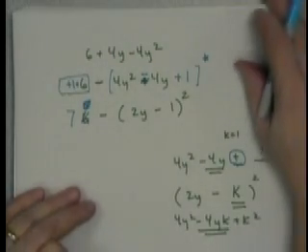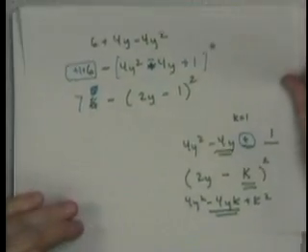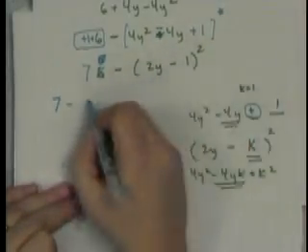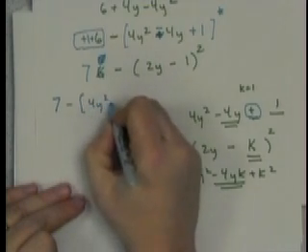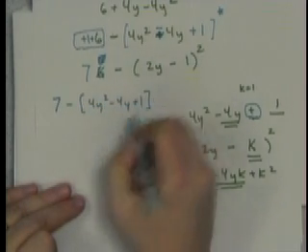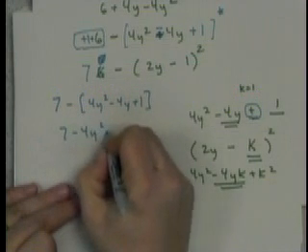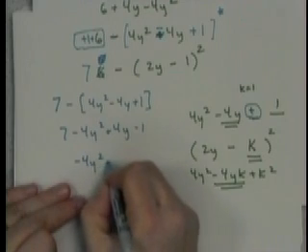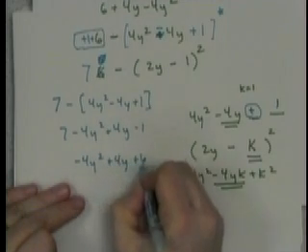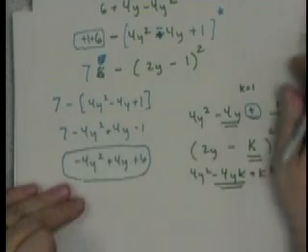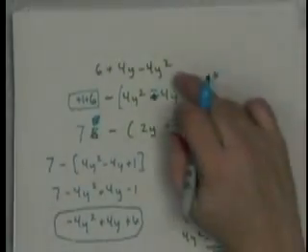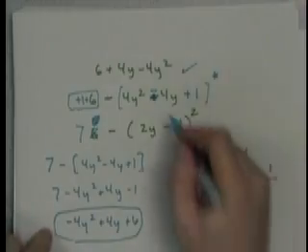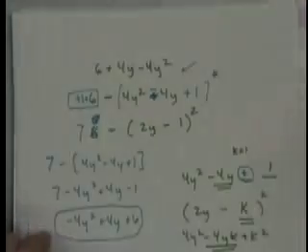All right, so let's make sure I did that correctly before I go and use it. 7, and when I square this, I get 4y squared minus 4y plus 1. 7 minus 4y squared plus 4y minus 1 is negative 4y squared plus 4y plus 6. Is that what I started with? It is. Good. Every once in a while I'll mess up the signs there, so be careful with those signs.